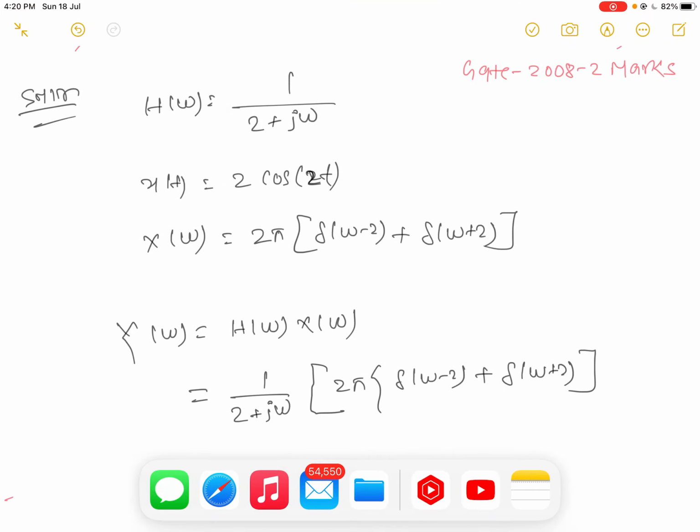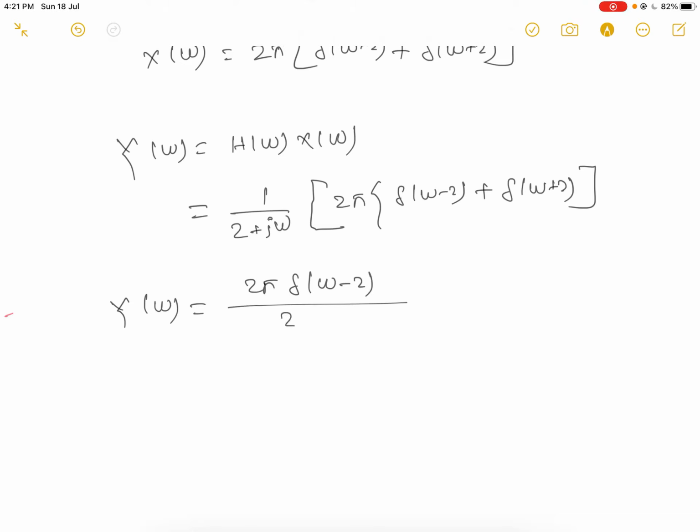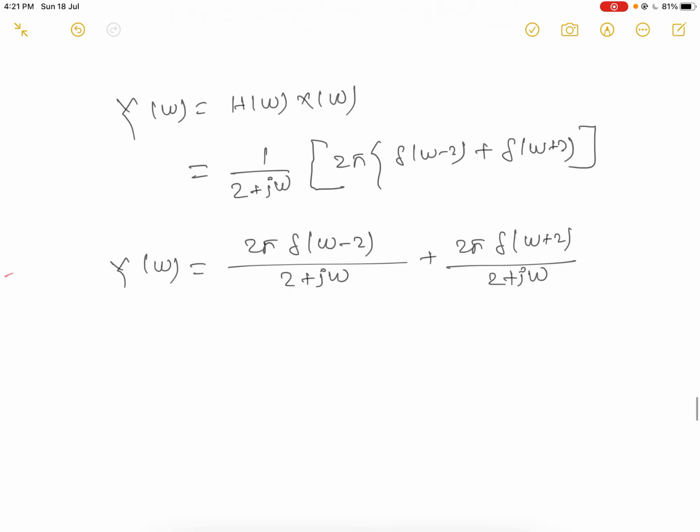Now simplify it, then what will happen? Y(omega) will be 2 pi del(omega minus 2) upon 2 plus j omega plus 2 pi del(omega plus 2) upon 2 plus j omega.